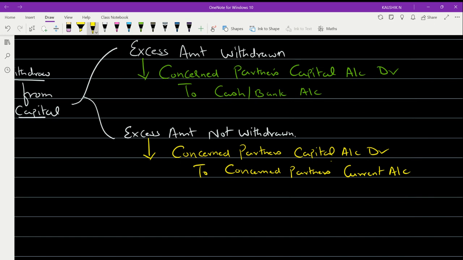Able to understand? For excess amount of capital, if it is not withdrawn, then the concerned partner's capital account is debited to the concerned partner's current account. Clear?